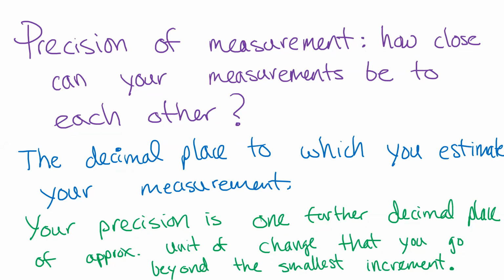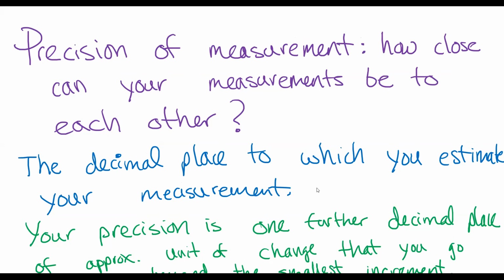I think when you were talking about the decimal place to which you estimate your measurement, am I looking at that bar above the measuring device and then going from there? So that's the next decimal place from that point, or is it from where the first smallest increment is? I think that's where I'm getting lost.